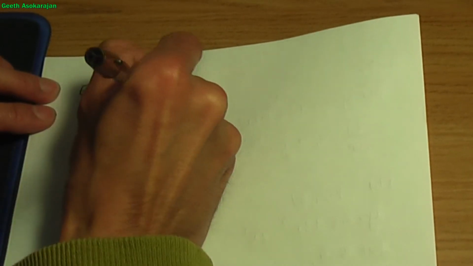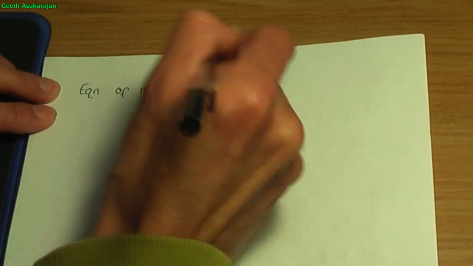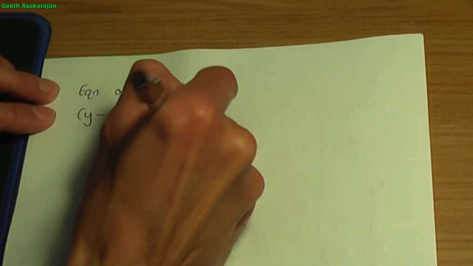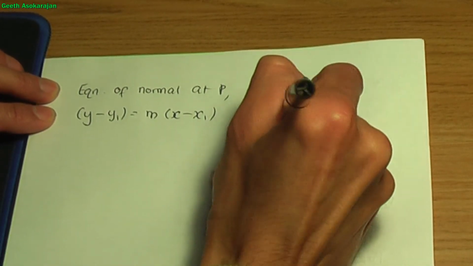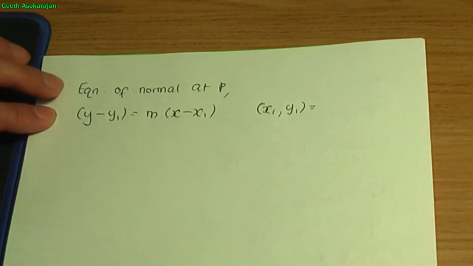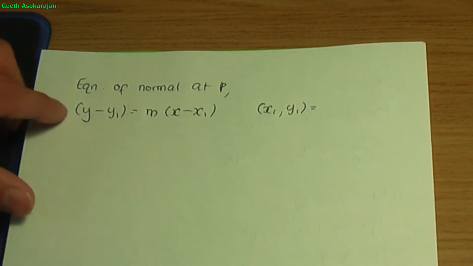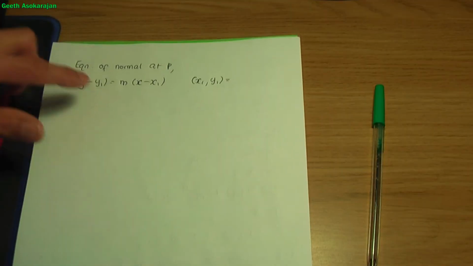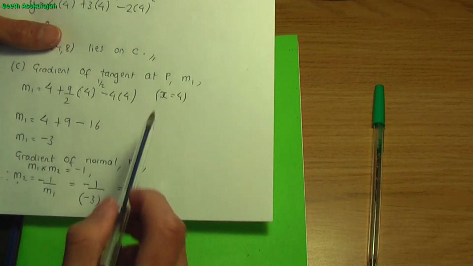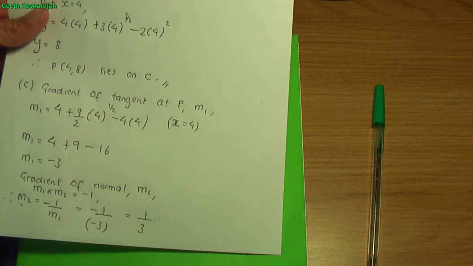So the equation of the normal at the point P, the line formula is y minus y1 is m into x minus x1. Now in this formula, x1 and y1 are the coordinates of the point the line passes through, and our normal passes through P. P has coordinates 4 and 8.